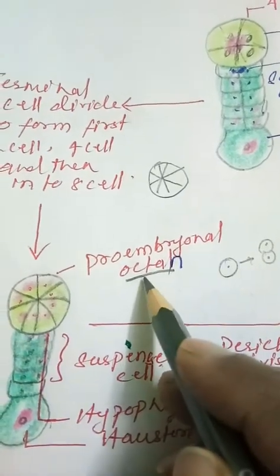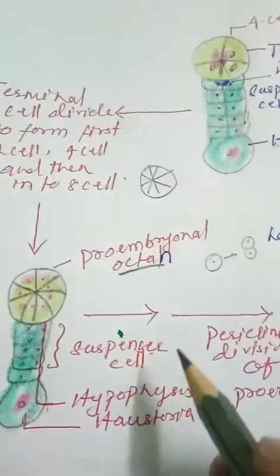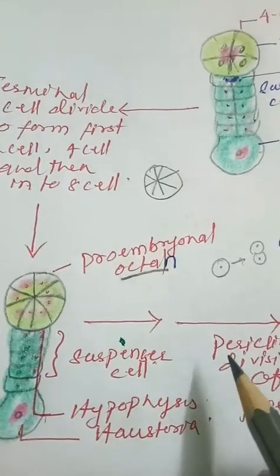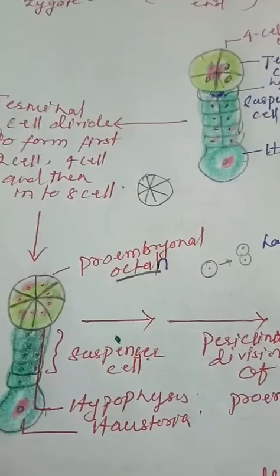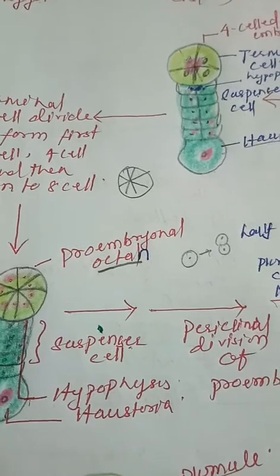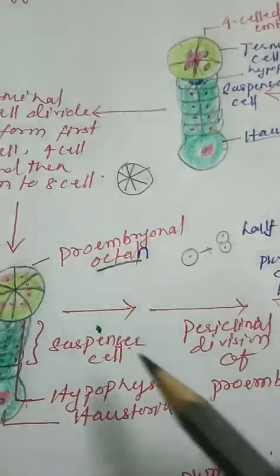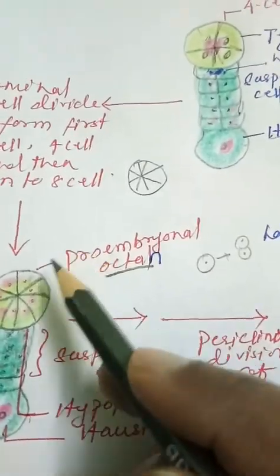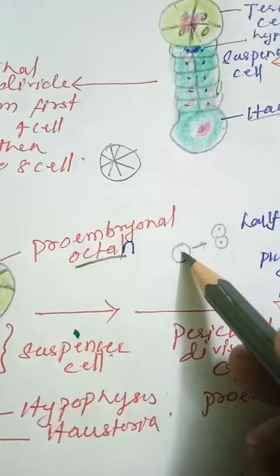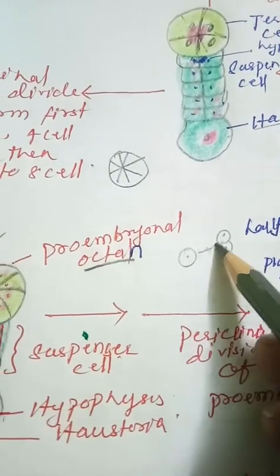This proembryonal octant now undergoes periclinal division. Periclinal division means such division in which a cell produces an outer cell and an inner cell. For example, this is a cell, it produces an outer cell and inner cell.